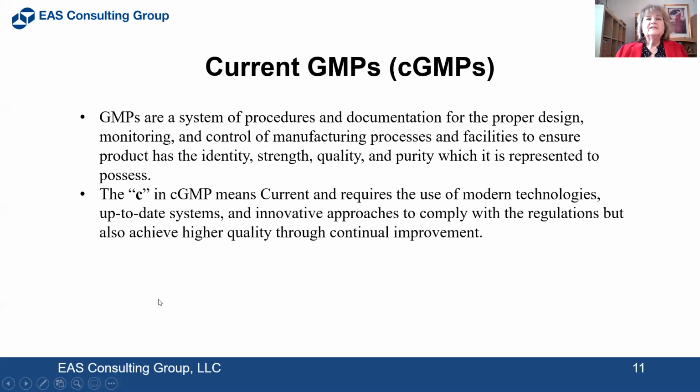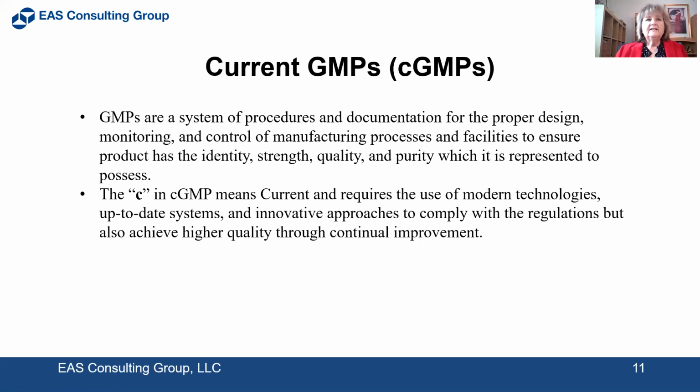So the GMPs are a system of procedures and documentation for proper design, monitoring, and control of manufacturing processes and facilities to ensure that it has the identity, strength, quality, and purity which it is represented to possess. The phrase identity, strength, quality, and purity, you'll see that a lot throughout this presentation over the regulations.